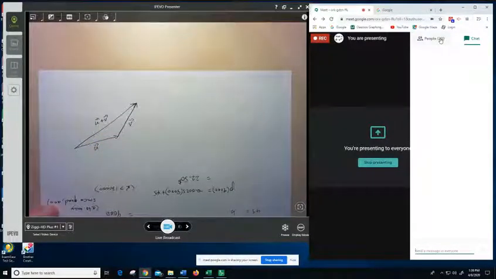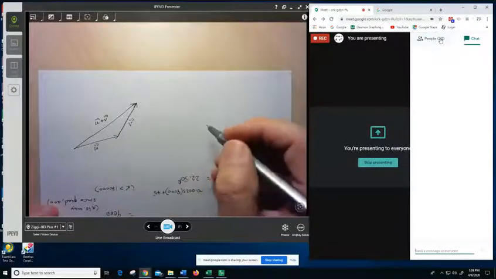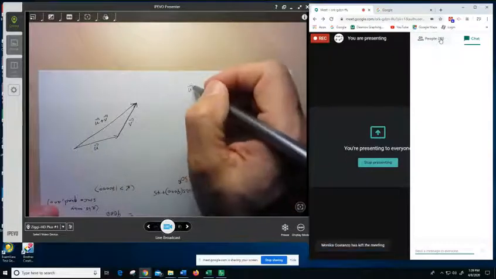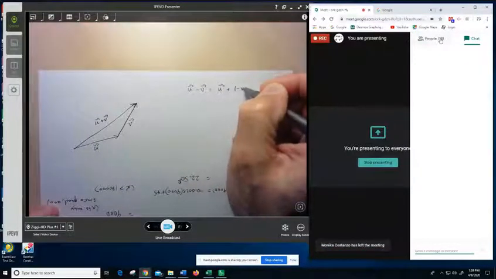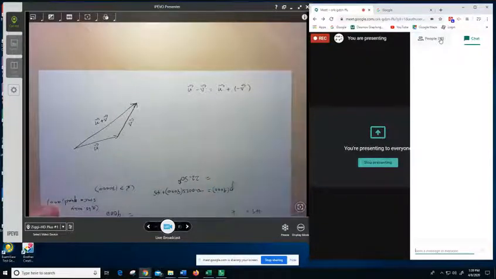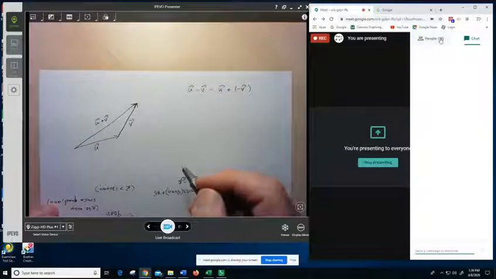Now, if I want to subtract v from u, I can still use the tip to tail method, but think of u minus v as u plus negative v. The only difference between v and negative v is the opposite direction.